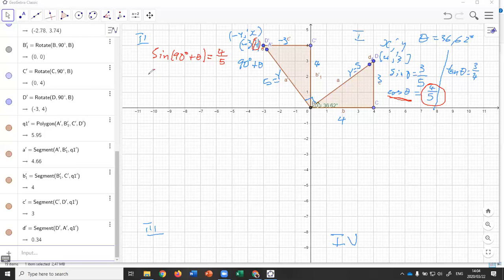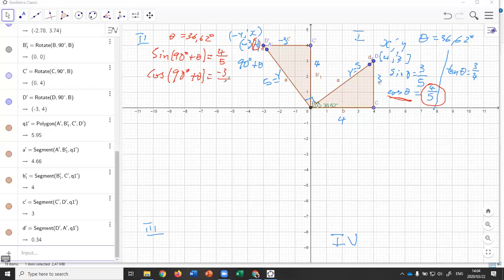Let's see what also happens with cos of 90 plus theta. Okay, what is happening there? And by the way, remember our theta is 36.62. So what is happening? We know cos is going to be the x value, right? What is the x value here? It is -3.